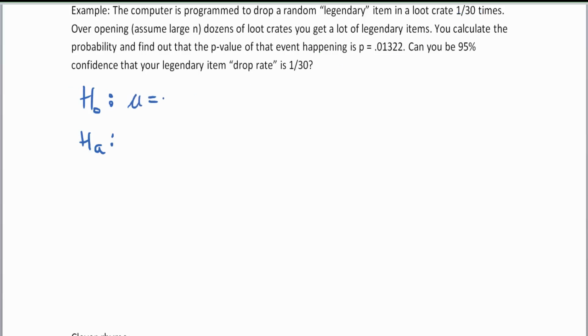So our average is either going to be 1/30th, or our average is not going to be 1/30th. Because again, you're just trying to figure out, is this correct or not correct?